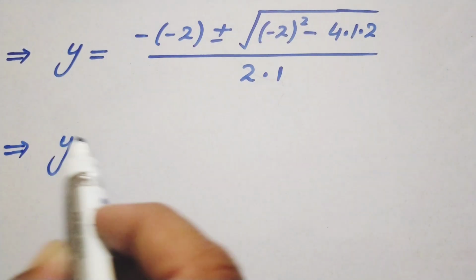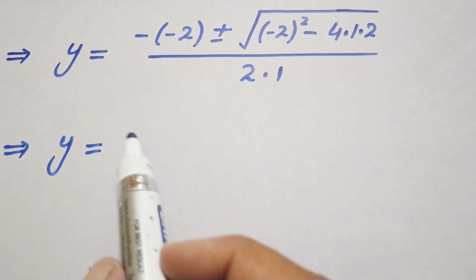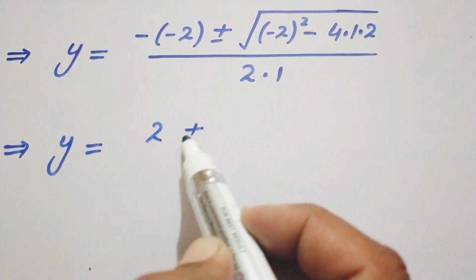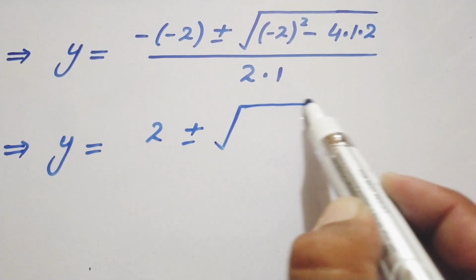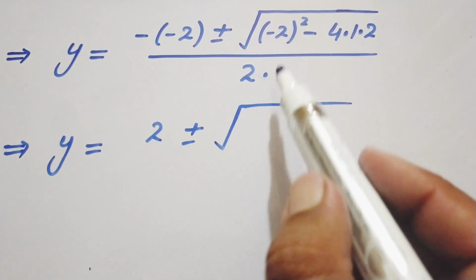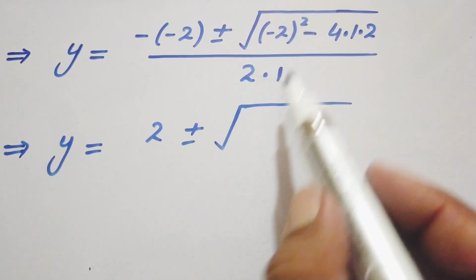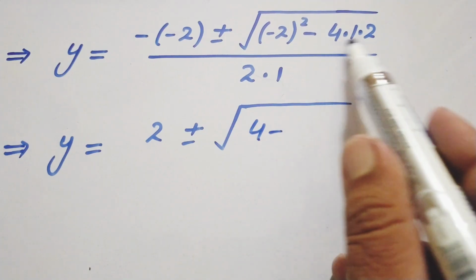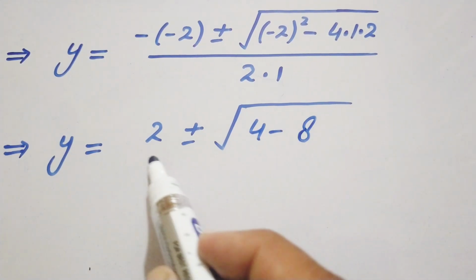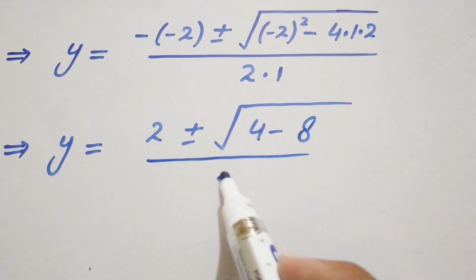This implies y is equal to minus into minus plus 2 plus minus. Minus 1 squared is equal to plus 1. 2 2s are 4 minus 4 multiplied by 2 gives us 8, divided by 2.